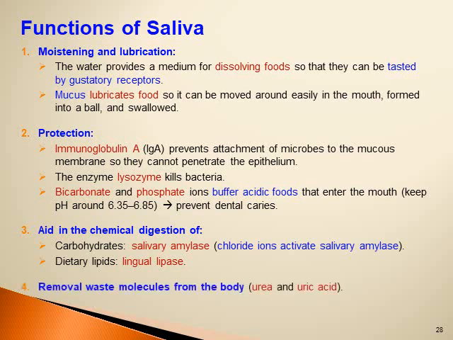Another function, or the fourth function, is removal of waste molecules from the body. The two main waste molecules, mainly removed by the kidney but to some extent into saliva, are urea and uric acid.